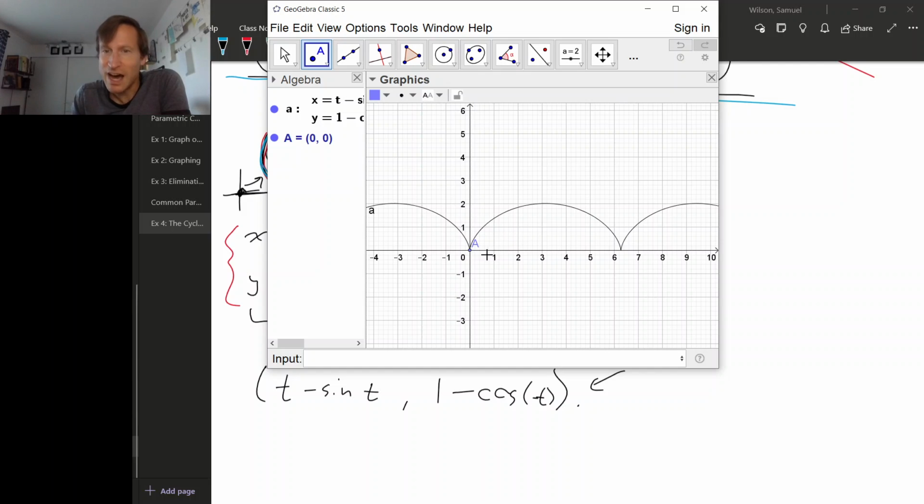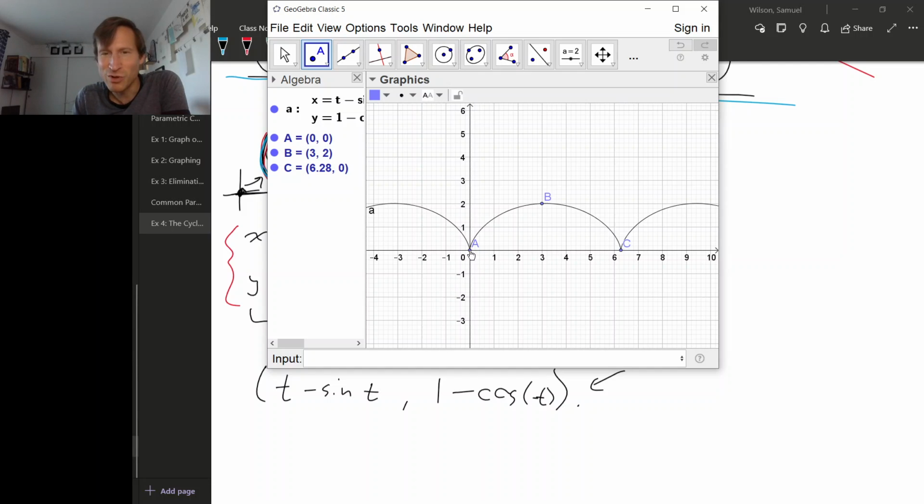And of course the highest spot this point gets to is up here, and that's at height 2, because remember we had a wheel with radius 1, so the diameter across the wheel is 2. Another thing to notice is that the point that we're watching comes back to the ground here. How far has the wheel rolled at this point?